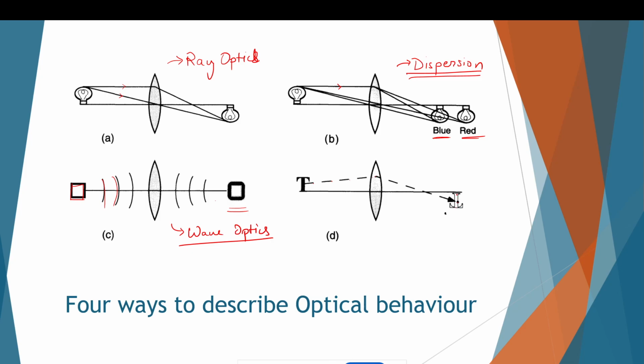We cannot predict where exactly it goes, but we have a probability distribution of the places where the photon might hit on the screen. This we can model using quantum optics. So we'll be going into detail for electromagnetic wave optics.